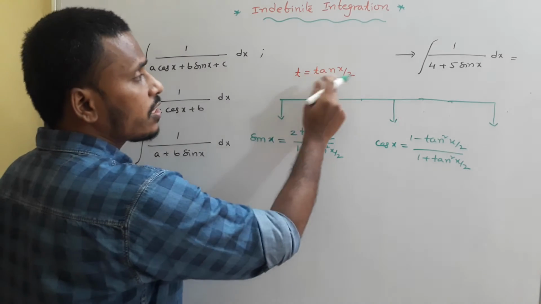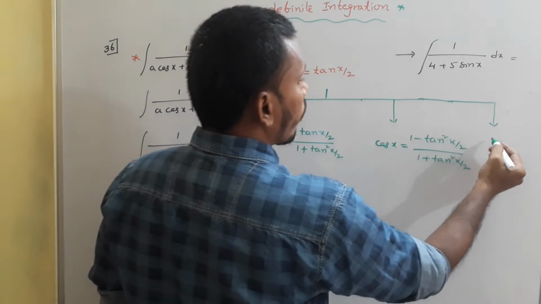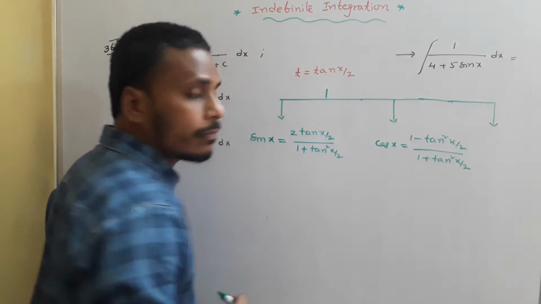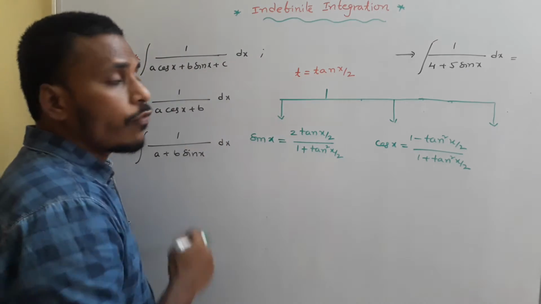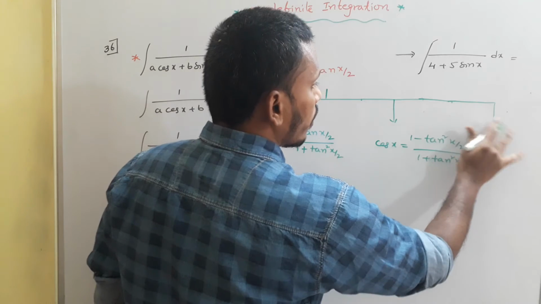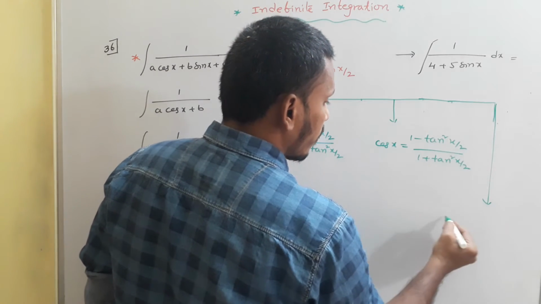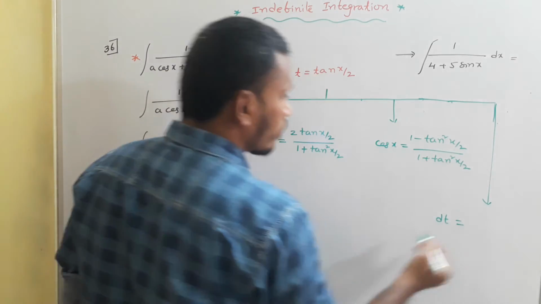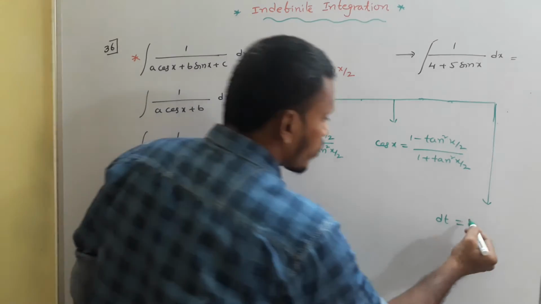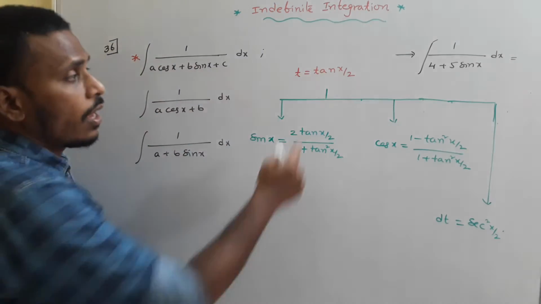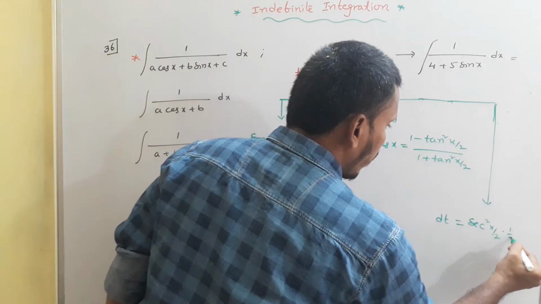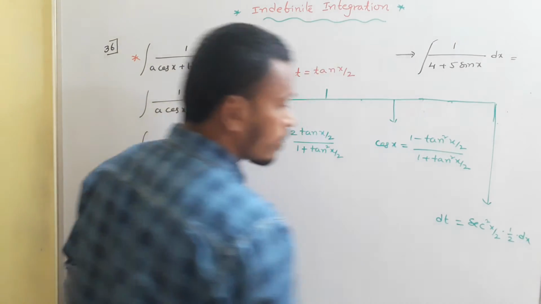So this is t is equal to tan x by 2. Then from there if you differentiate, what will happen? Derivative of t is dt, okay. I have no space so I will mention it here. dt is equal to the derivative of tan, which is secant square x by 2, into the derivative of x by 2, which is 1 by 2, into dx.